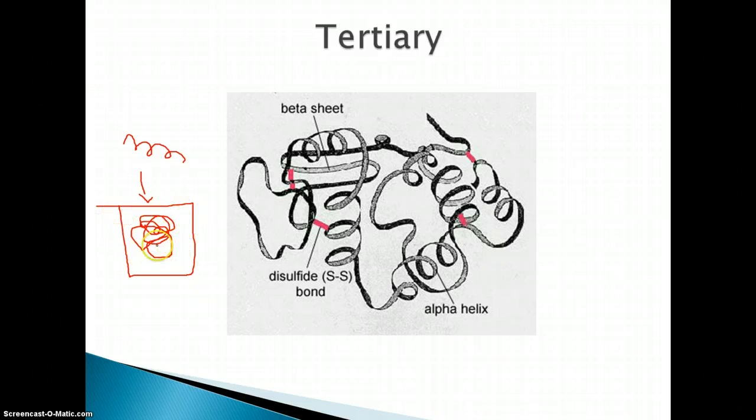And it begins to coil up on itself because of the large string of amino acids, along with interactions with other reactions and groups, and these coil up because of these things called R groups.